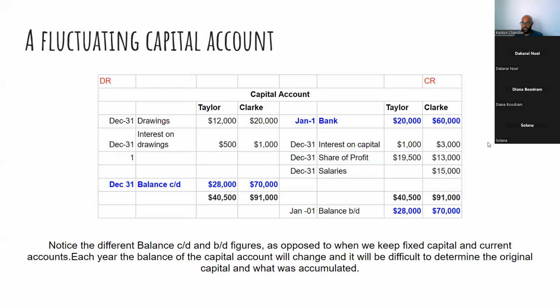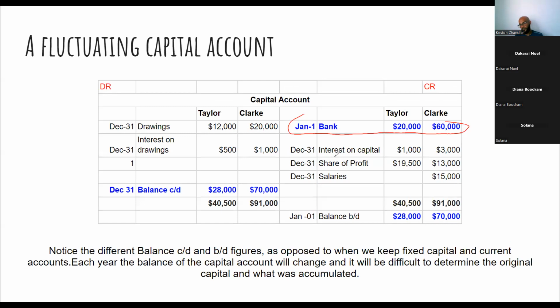Here's a look. So this is a fluctuating capital account, and I'm using the same balances as we had before. The difference is this figure of bank up here usually would have been done separately in a fixed capital account. But now that it's inside of here and there's no distinction between the capital or current account, all of this is modeled together. So it pads the account.